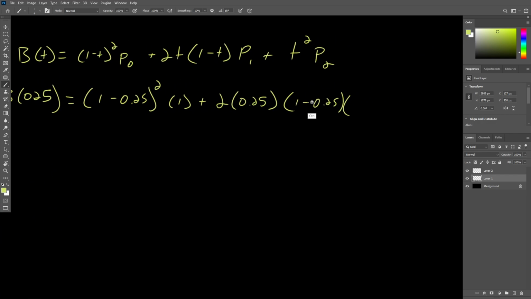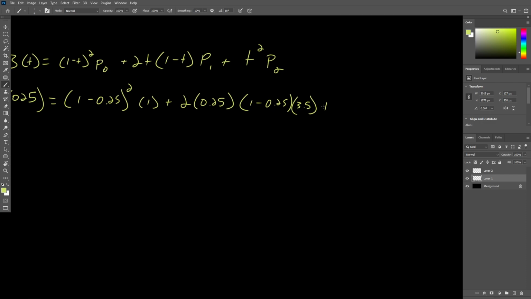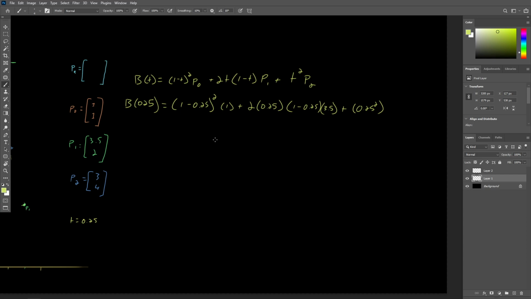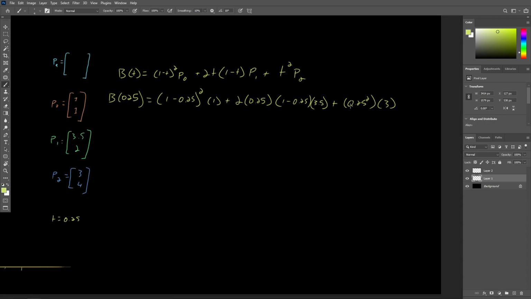So that's a 3.5, plus t squared, right? So that's 0.25 squared times the component from p2, which is our value of 3 there.